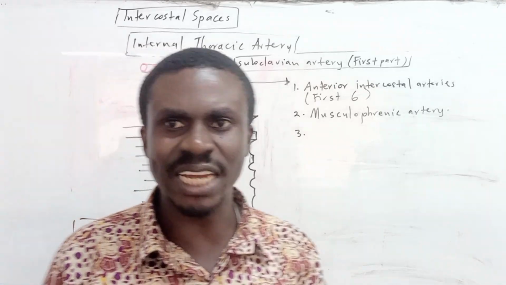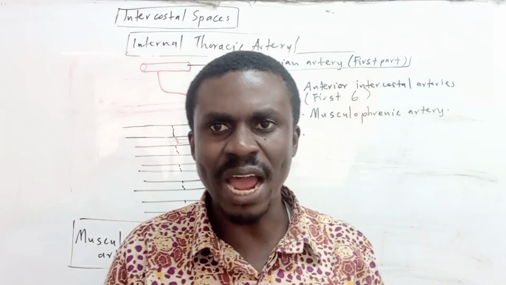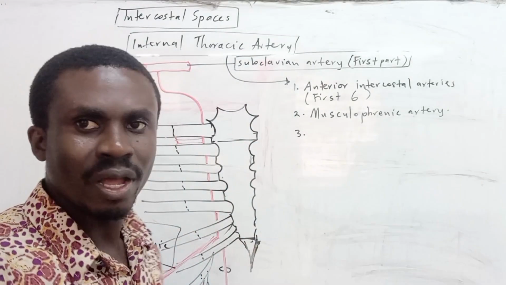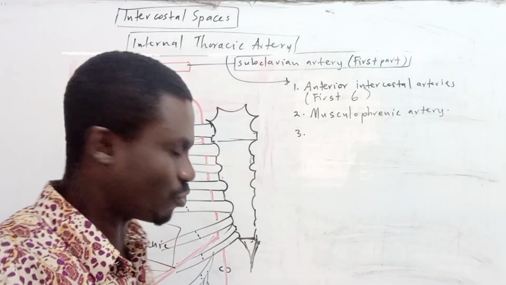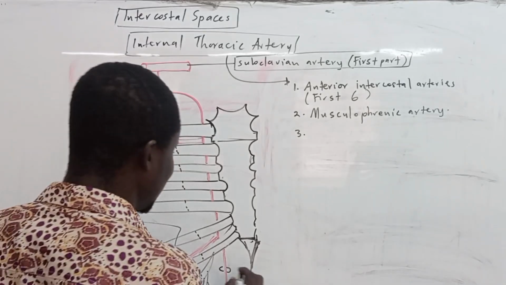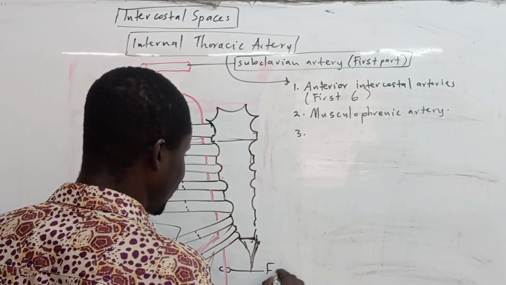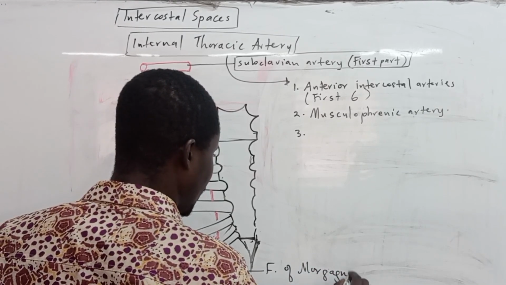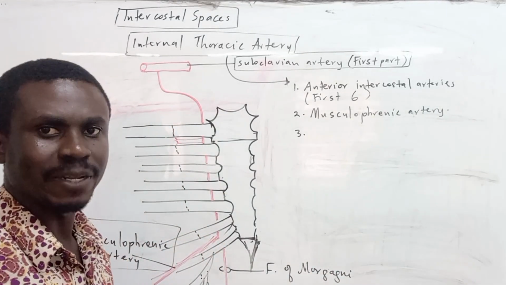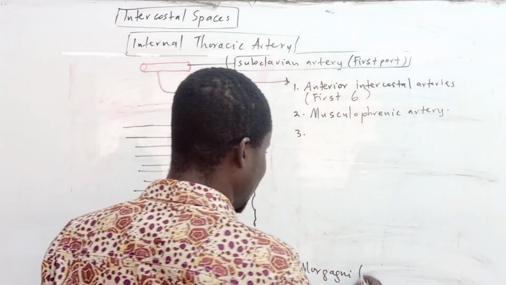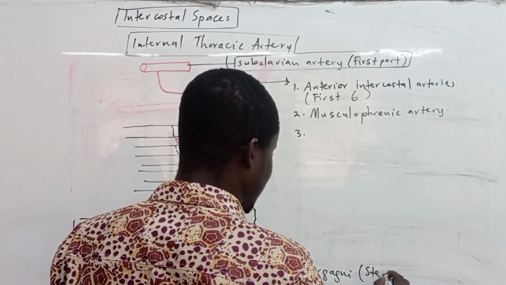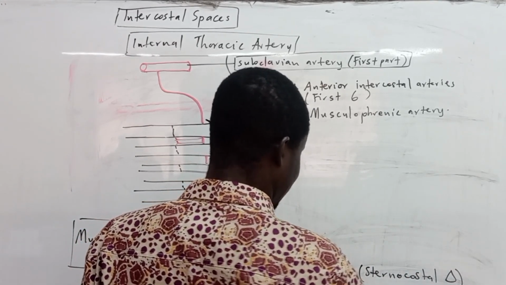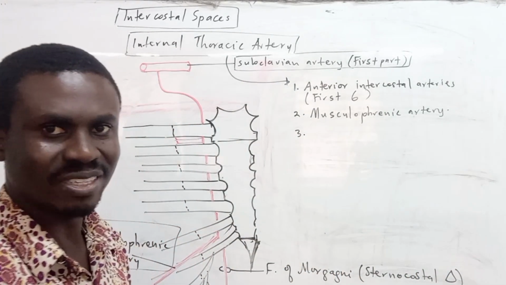We talked about it, that it had an eponym, foramen of Morgagni, otherwise something we call the sternocostal triangle.